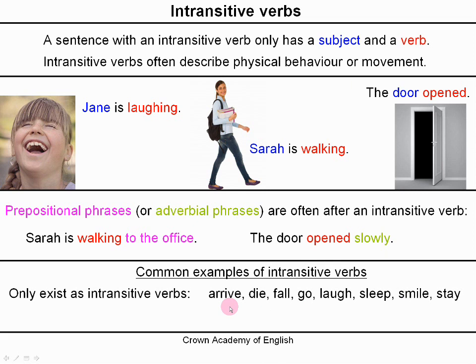Okay, so an example would be my cat died. There's no object. We do not say my cat died cat, for example. So there is only an intransitive use and meaning for all of these verbs.